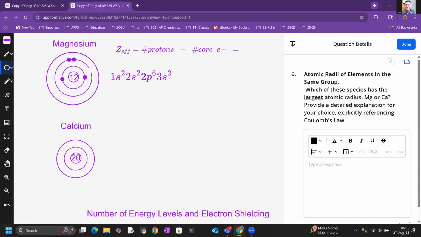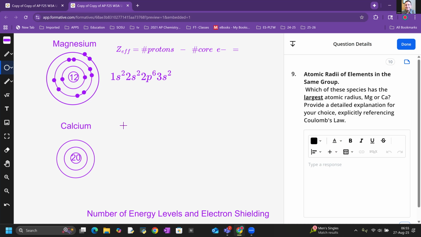So we have 2, 4, 6, 8. And then in energy level 3, we have 2 electrons, 1, 2. So we show that 2, 10, 12 electrons are represented.